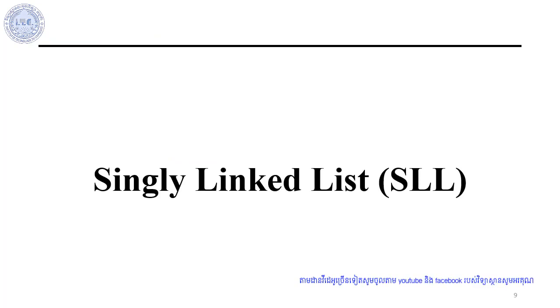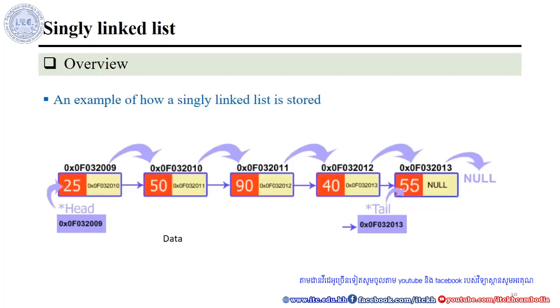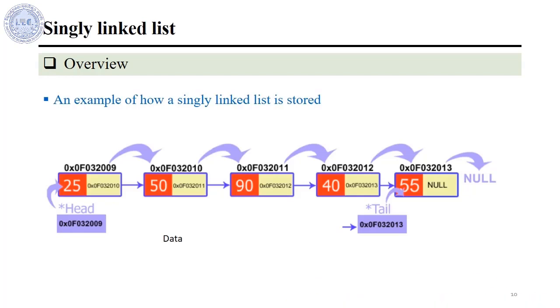So next we will talk in a little more detail about the single linked list. This is an example showing how data is stored in a single linked list. You have the first element and you have the last element, and each element is linked to one another using the address, which is a pointer.